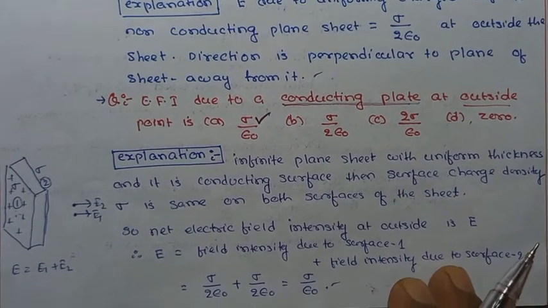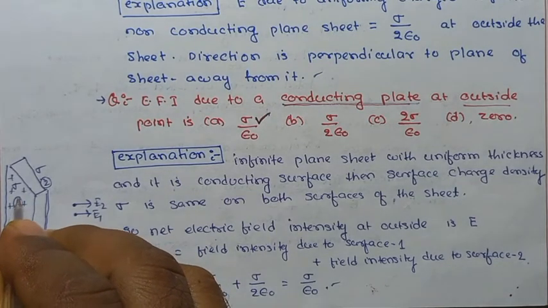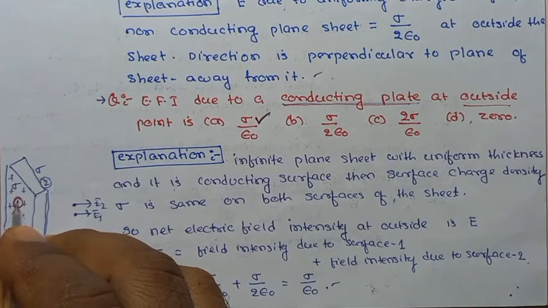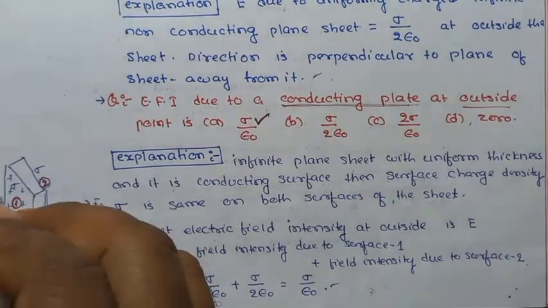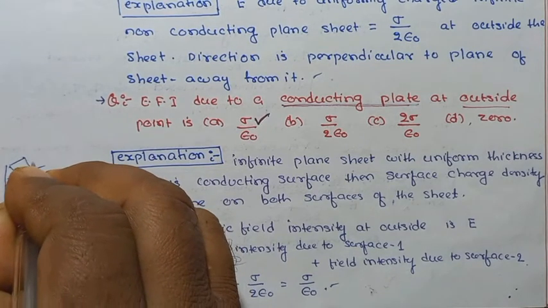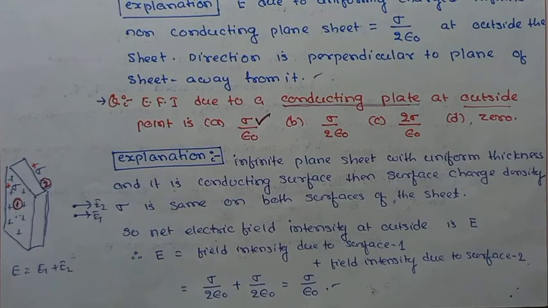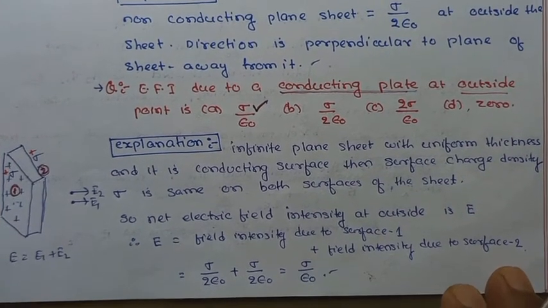Every plate has two surfaces. This is suppose first surface, then opposite to this surface is second surface. So if this surface is positively charged, then this surface will also be positively charged, because charge is uniformly distributed on the surface of the sheet.